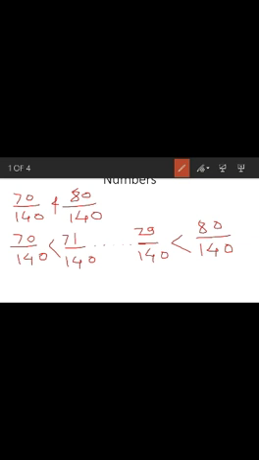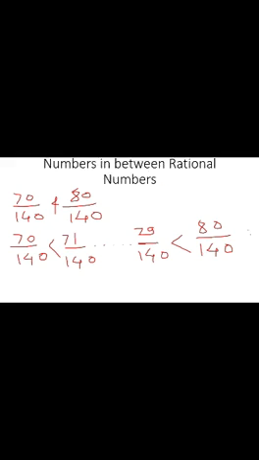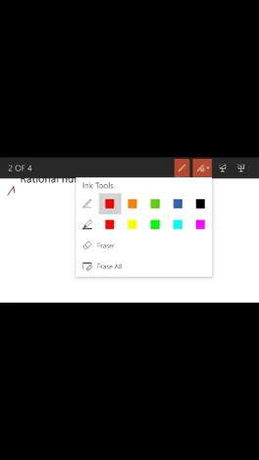Now we'll find the rational numbers between two rational numbers with the help of a number line. One example is given to us: 1 upon 2 and 3 upon 5.